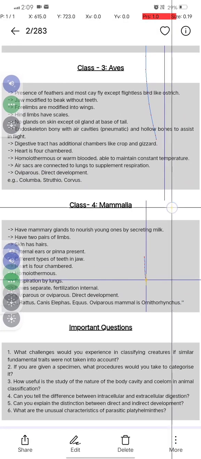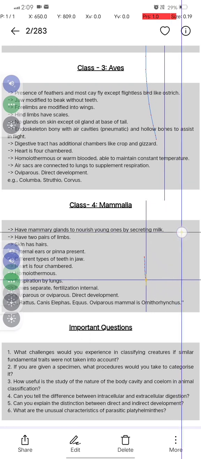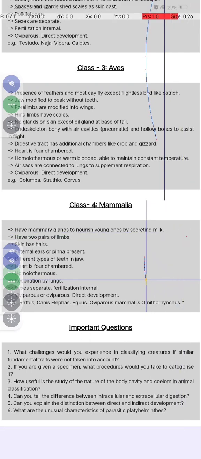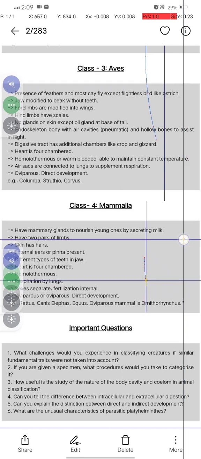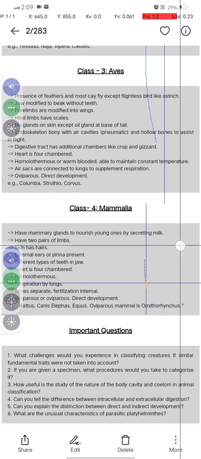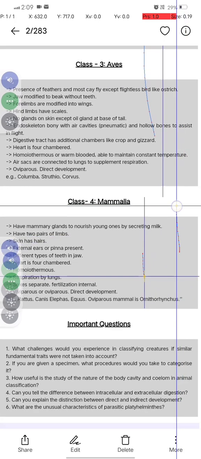Last हमारा class Mammalia: have mammary glands to nourish the young ones by secreting milk, have pair of two pairs of limbs and the skin has hairs.